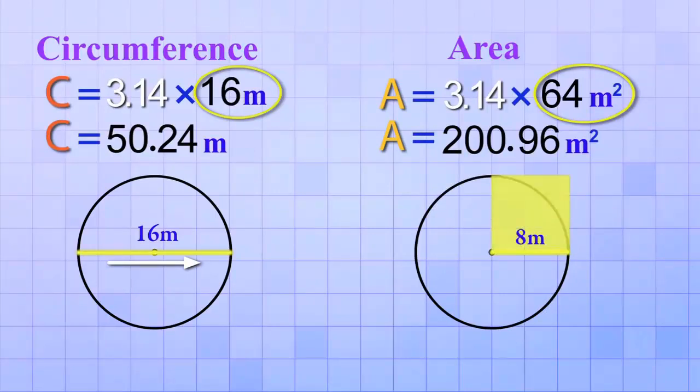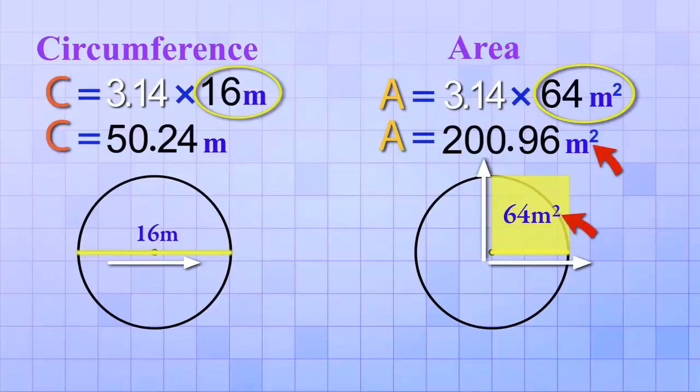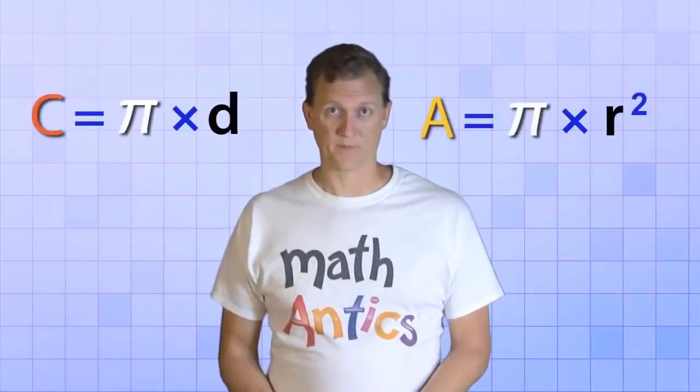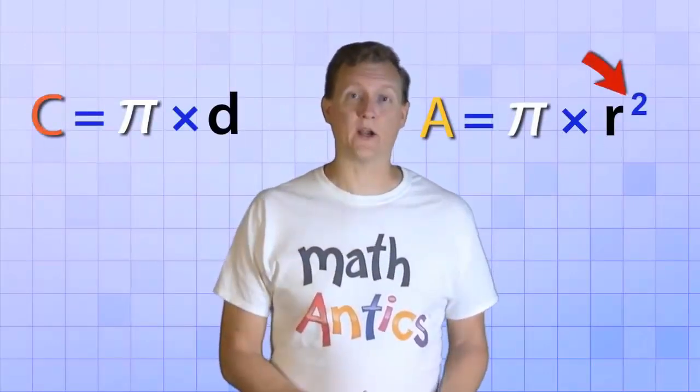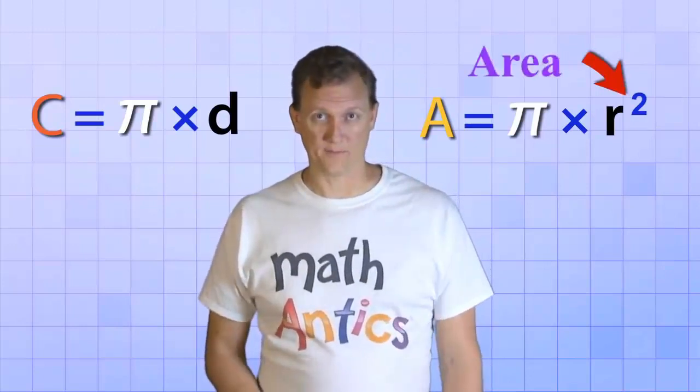But when we square the radius, that gives us square units, which are two-dimensional. That makes sense because area is always a two-dimensional quantity. Remembering that will help you avoid getting these two formulas mixed up. The one that has the radius squared is always for area. All right, let's try a couple real-world examples to make sure you've got it.